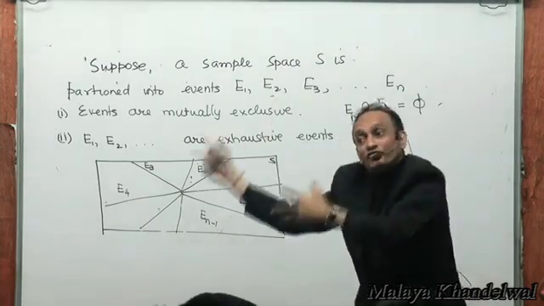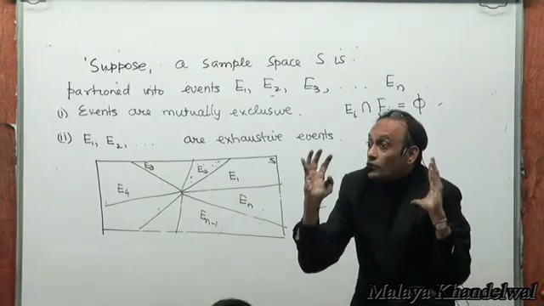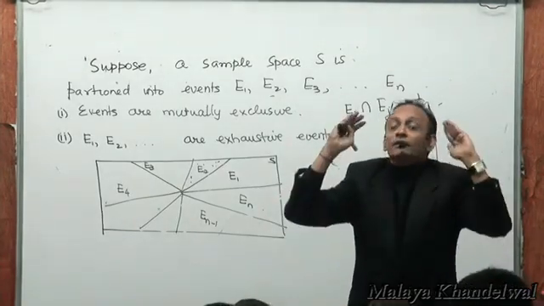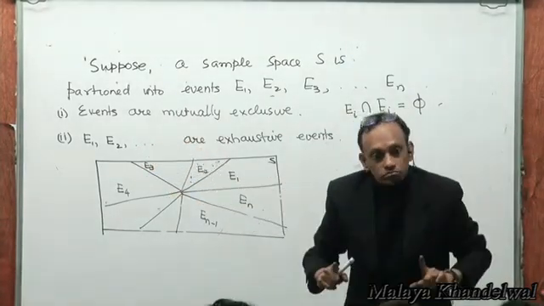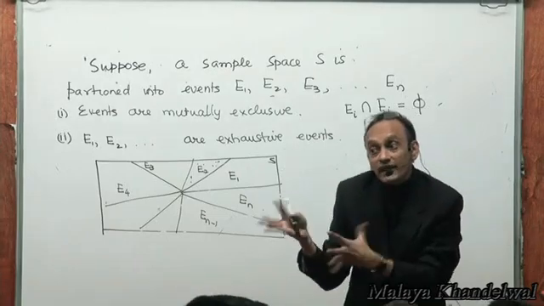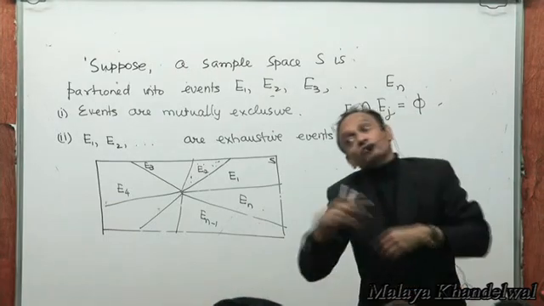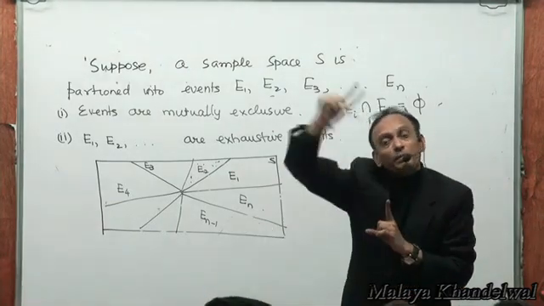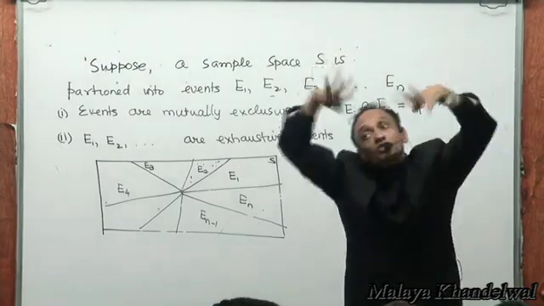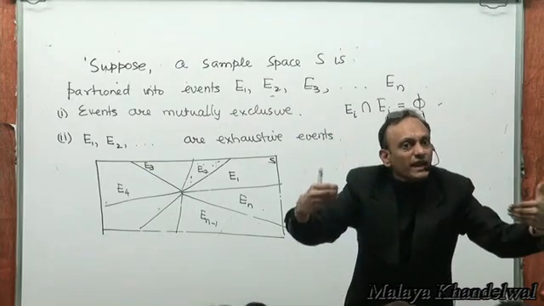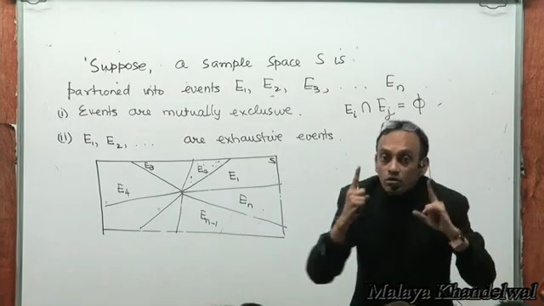Drawing a white ball is an event A. E1 could have caused an event A, E2 could have caused A, E3 could have caused A, En could have caused A. Compare it with the illustration I gave: each of the three bags represented by E1, E2, E3 could have resulted in drawing a white ball. Yes or no?